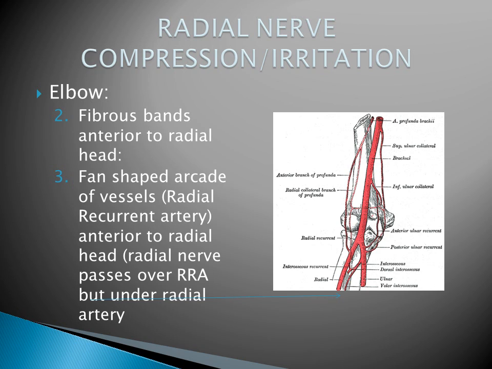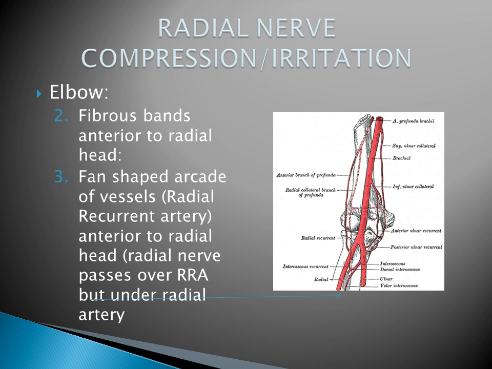Immediately medial to this area, there's a fan shape of vessels as the brachial artery comes down the anterior aspect of the humerus bone. As it gets immediately adjacent to the medial aspect of the radial head, it divides into both the radial and the ulnar arteries.